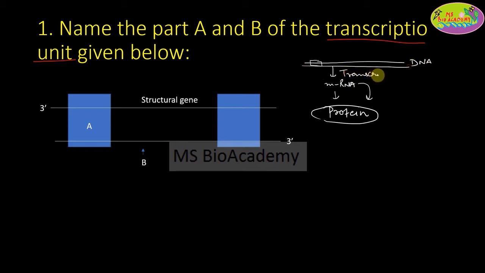I hope you know all these things. Transcription is the formation of RNA from DNA, and when the mRNA forms the protein, that process is called translation. Replication is when the DNA makes its own copy.